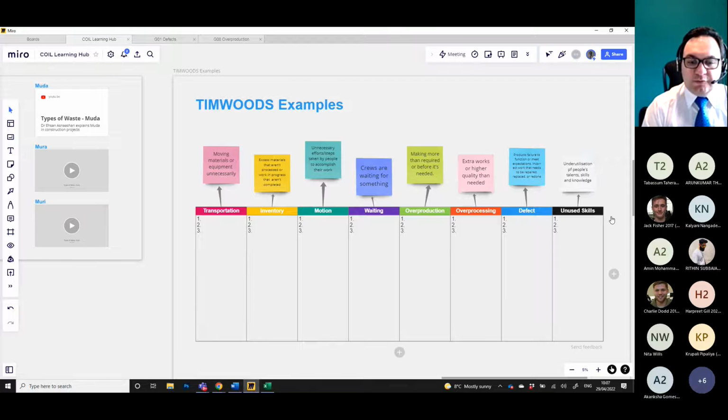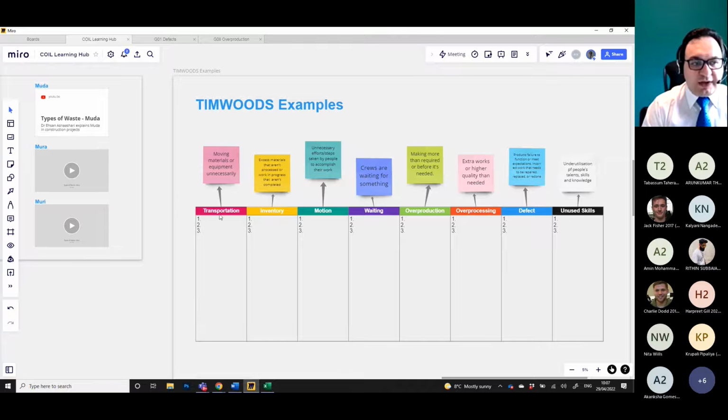Many people in the construction industry focus on minimizing waste, but this is not working because first we should sort out these things. Waste is the product of bad management. If you want to minimize waste in your projects, first you should sort out these issues. These 8 types of waste, we call them TIMBITS.